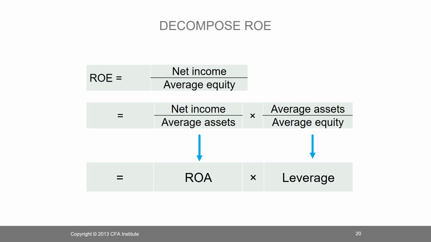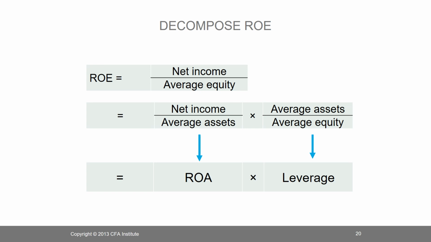Now, decomposition of return on equity is sometimes referred to as the DuPont analysis because it was originally developed at that company. Decomposing ROE involves expressing the basic ratio, i.e., the net income divided by average shareholders' equity, as the product of component ratios.